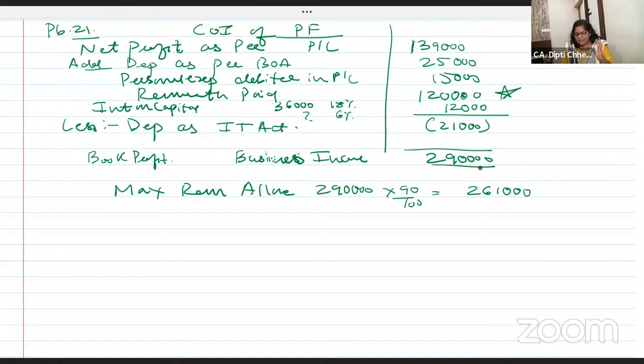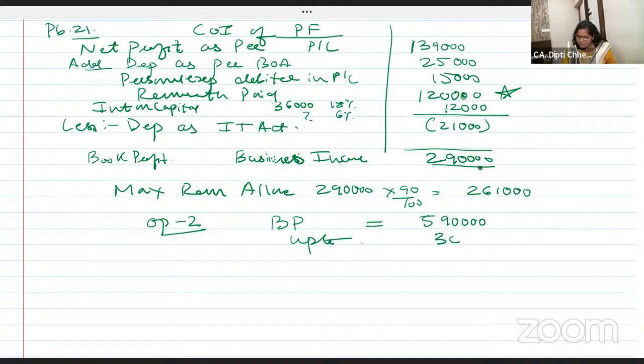2,90,000 ka 90%. Can I twist the example, dear students? Option 2. Option 2 मतलब ये problem हो गया. But अगर add less करने के बाद, after the add less, if the business profit is say 5,90,000, then how will you pay?